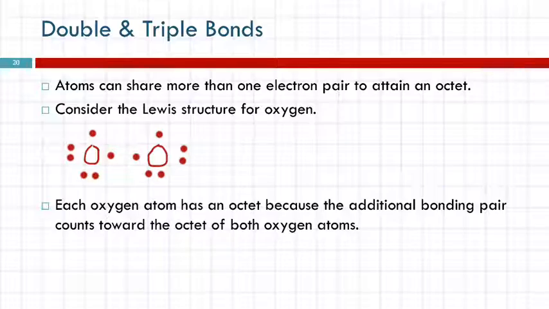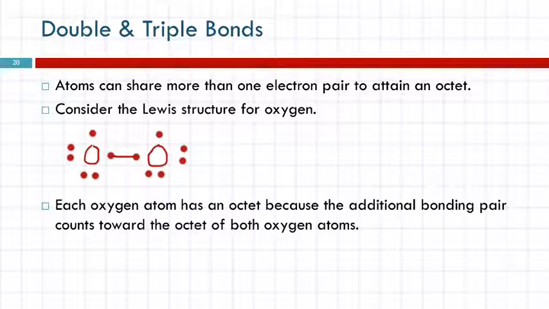They don't have 8 valence electrons. So they say, well, hey, let's share an electron. I'll share one with you, you share one with me. Are they happy now? They're closer, but now they each have 7. They count the shared as belonging to each of them. So 2, 4, 6, 7 for this oxygen, 2, 4, 6, 7 for that oxygen.